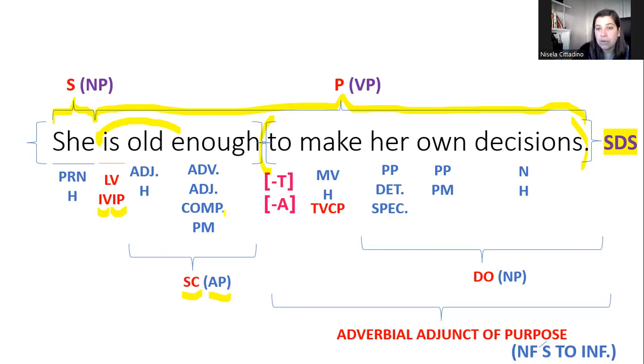Remember that in noun phrases, adjectival phrases, prepositional phrases, you will find several elements, like at the beginning you may find the article, the determiner, the specifier that is followed by a head. But after the head, we have what is called a complementizer of whichever phrase. In this case, enough, it's an adjectival complementizer because it complements the adjective.